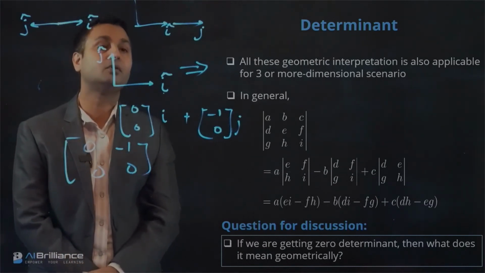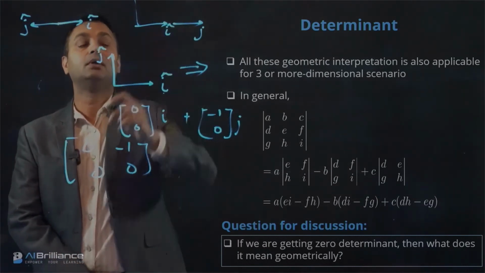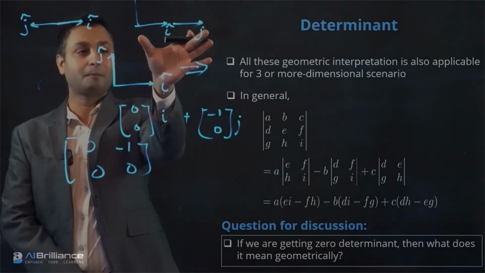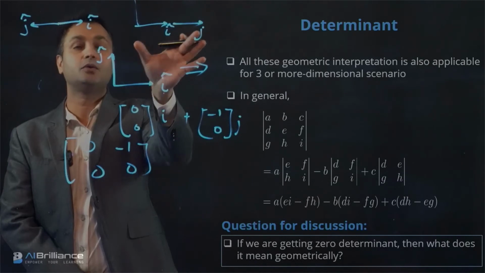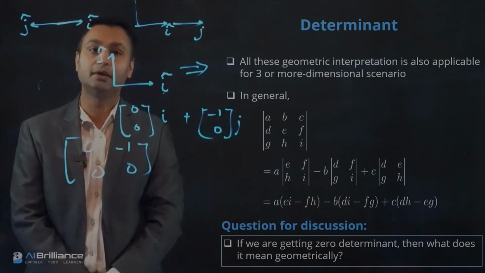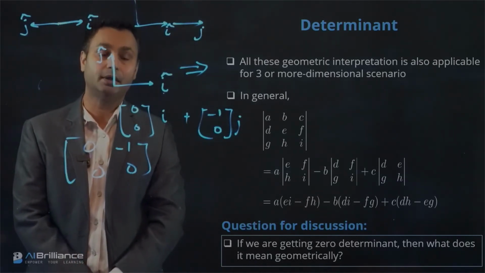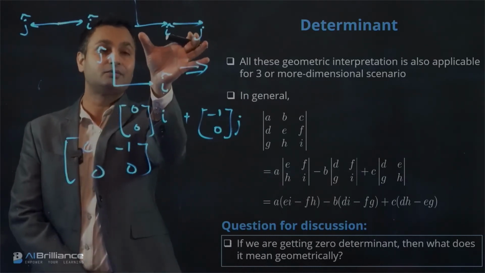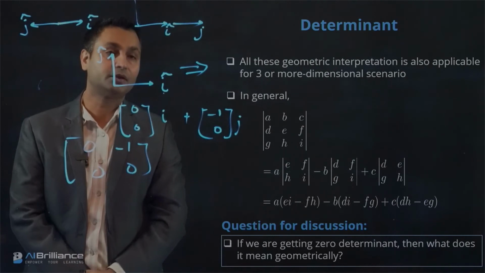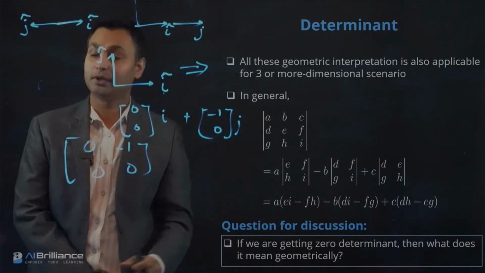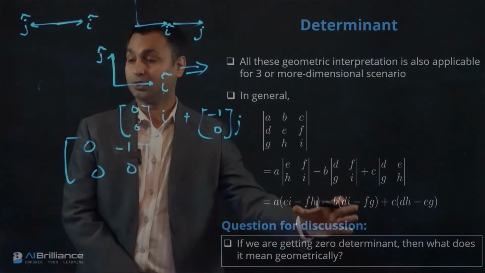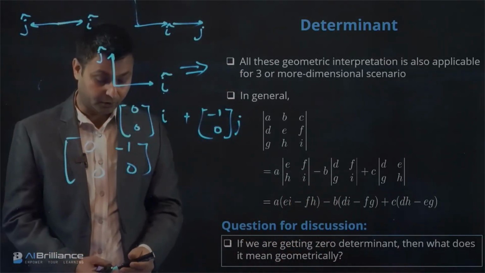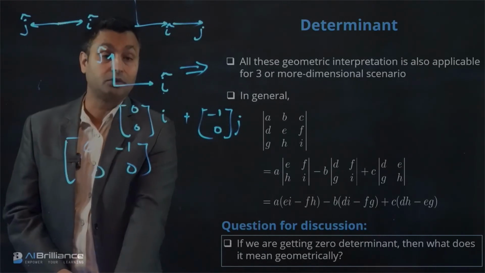And so there is no way for you to have an area in this new transformed grid, because how do you do gridding here? There is no way for an object to have any area. Everything will shrink down, and any object in this transformed unit vector space will essentially have 0 area, and that's why it is represented by a 0 determinant. So this is a way to understand what happens when your determinant gives you a 0 value.